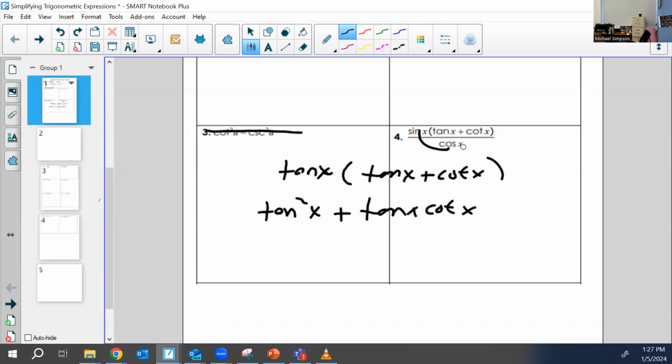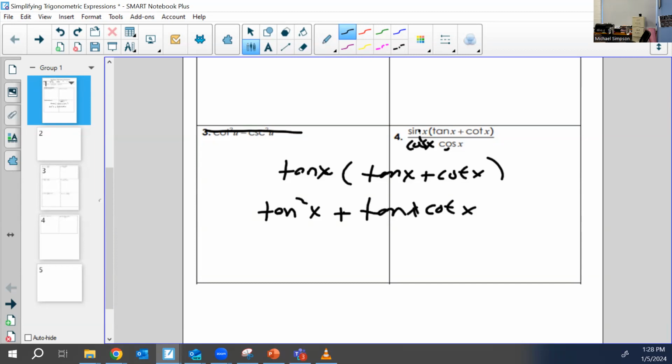I can slide this over and say this is multiplication. Cotangent x, yeah, that's multiply. I'm distributing. This is the plus sign right here.